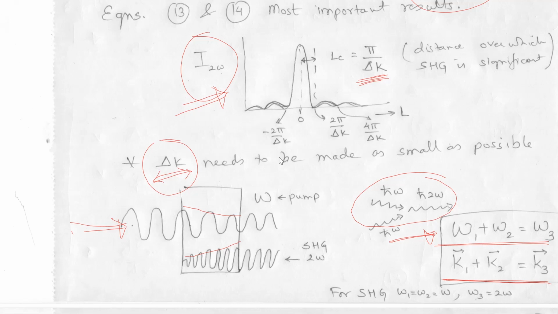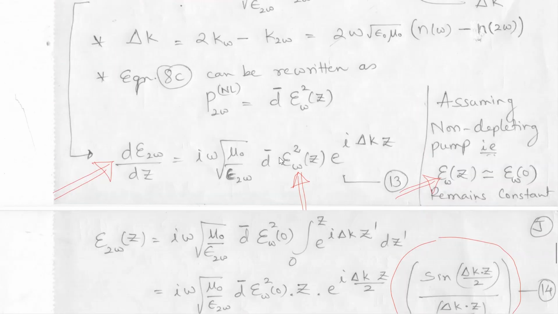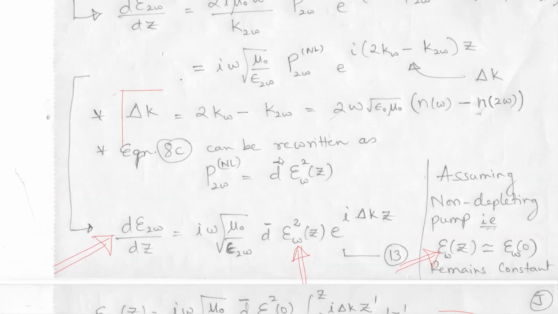The generated k minus the input k is the difference we call delta k. If you go back and look, this is precisely what was our delta k. In this situation, we are looking at a collinear propagation. So you have the propagation constant of the omega field minus the propagation constant at the 2 omega field.